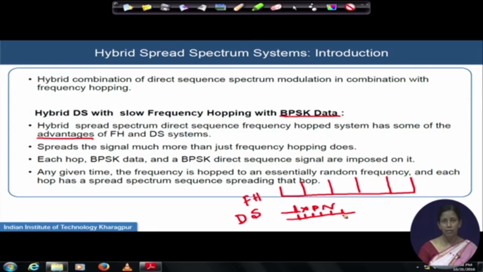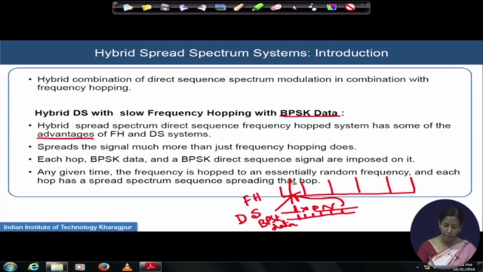If it is like this, then the combination of direct sequence spread spectrum with frequency hopping spread spectrum leads to a situation where for each and every hop there will be a BPSK data stream coming in, and a PN sequence will also be coming in. For each and every hop, this BPSK data will be spread by this PN sequence.